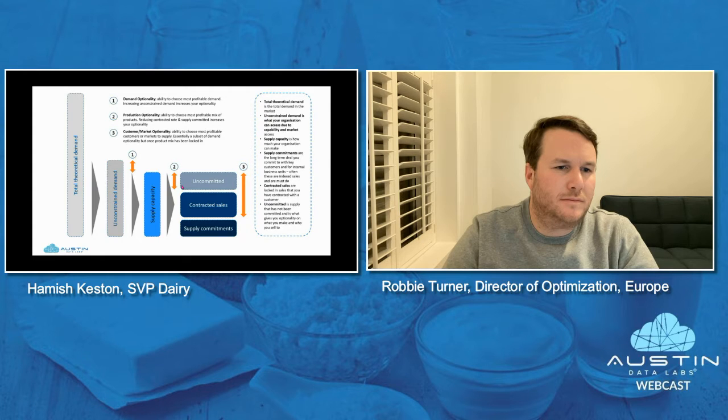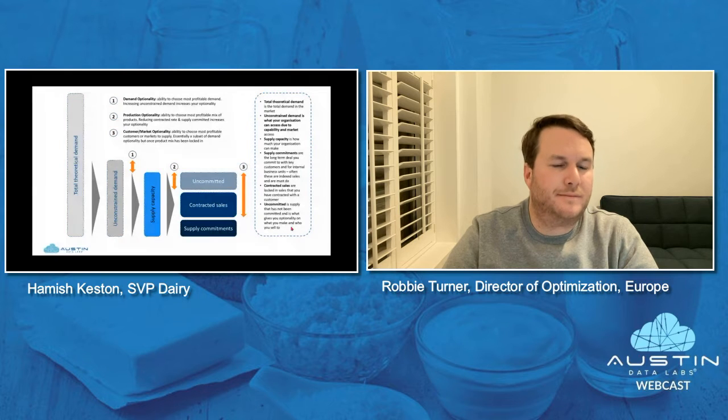This might be for internal BUs, or it might be for some of your big strategic customers where you've got a long-term supply agreement. You'll then always have a portion of contracted sales, typically going out 3 to 4 months, maybe a little bit longer. And then that leaves what I call uncommitted. And this is where you've got a degree of optionality in there.